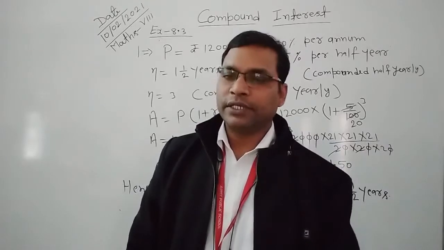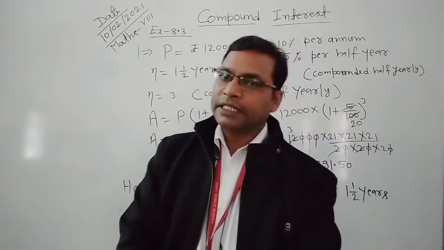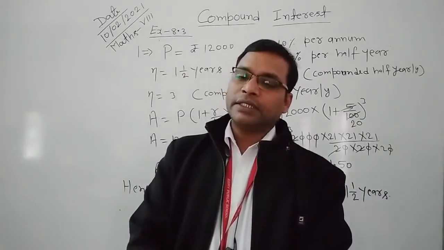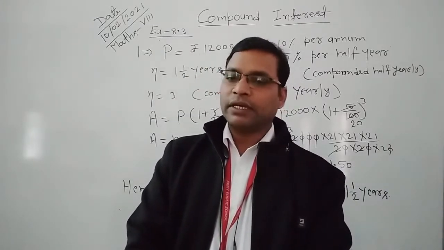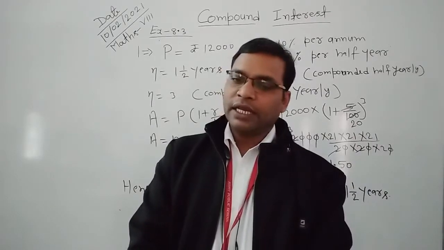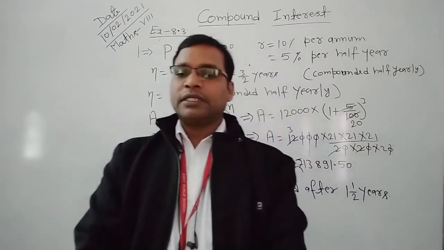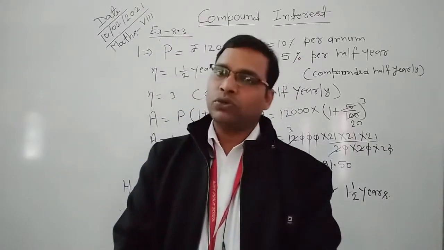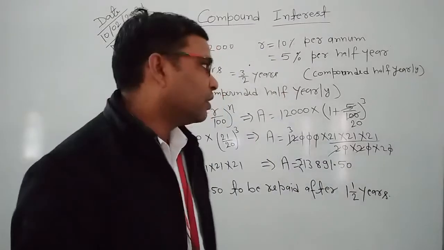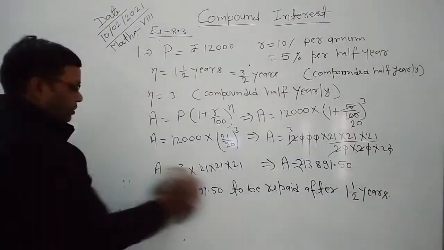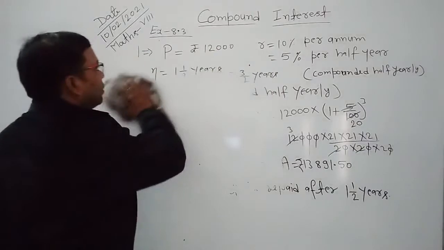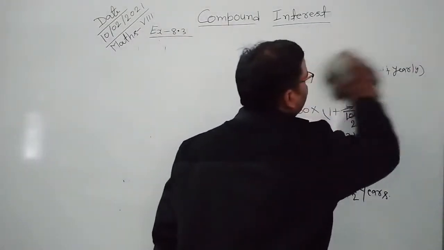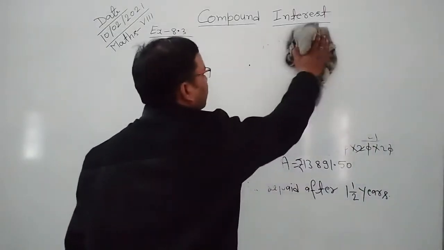Since the rate of interest is given as 8% per annum, the rate of interest quarterly becomes 2%, and the time is given as 6 months, which is 2 quarters. So let's see how to solve these questions. Now first we erase question number 1.